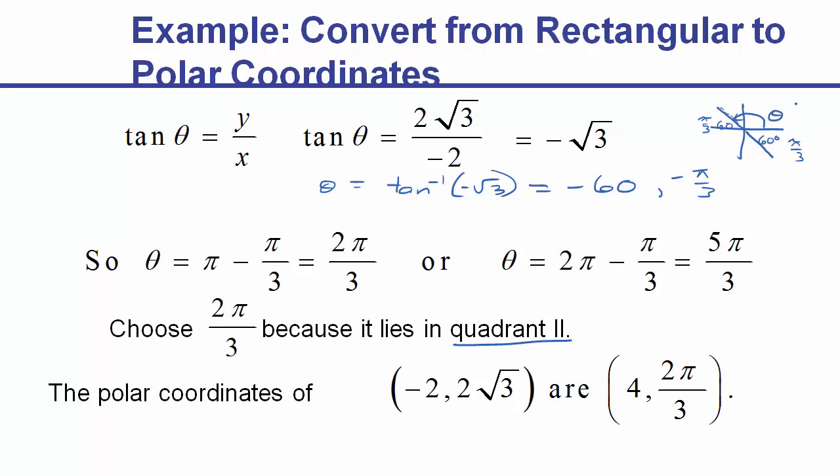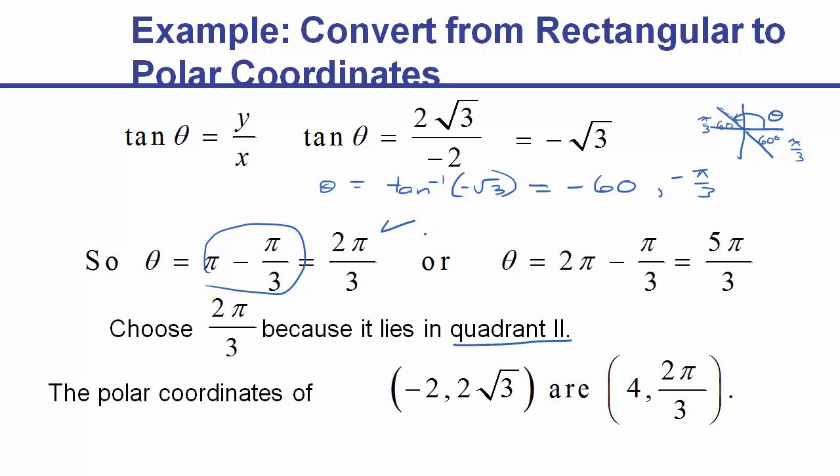So to get to that line, we have to go around almost to pi. We have to go to pi minus pi over 3, right? Or 180 minus the 60, 120 degrees. And so that's where this comes from. We're just saying go to pi and then back up pi over 3, and that's the angle that gets us this line, 2 pi over 3.